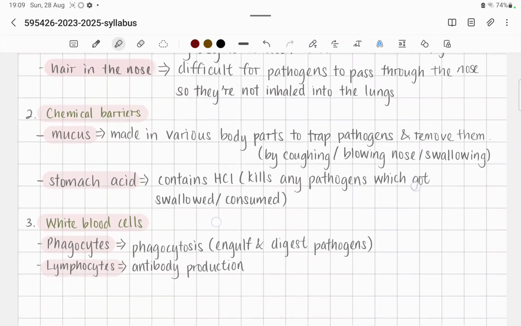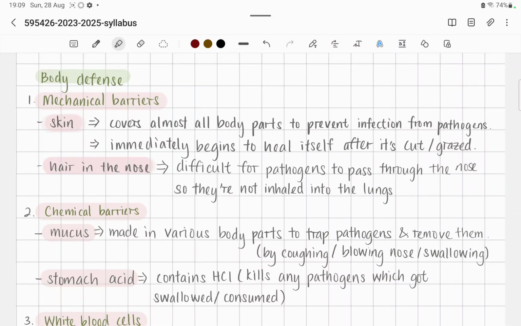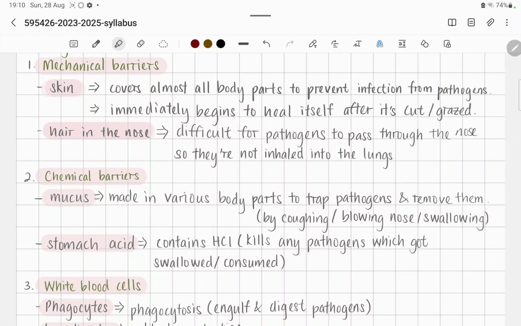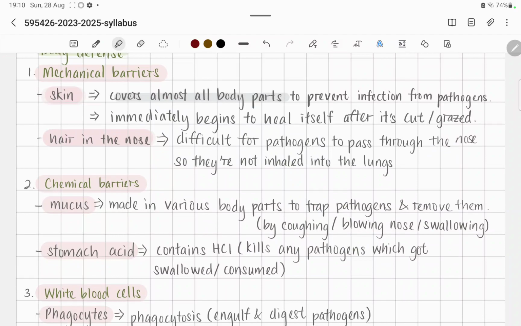Body defense, you have 3 types: mechanical barriers, you have 2, chemical barriers, you have 2, and lastly white blood cells, you have 2 also. Mechanical, the first one is skin. Skin covers almost all body parts to prevent infection from pathogens, and skin also immediately begins to heal itself after it's cut or grazed.